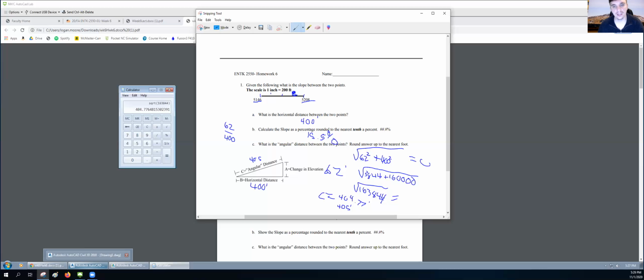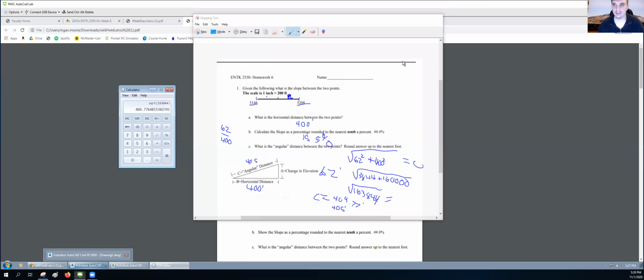Some of the questions have the first number greater than the second number, which would mean it's going down in elevation, so our slope would be negative. So just be careful with that on the letter B of these questions to make sure you know if it's a positive or negative slope, based on which one's the bigger number.